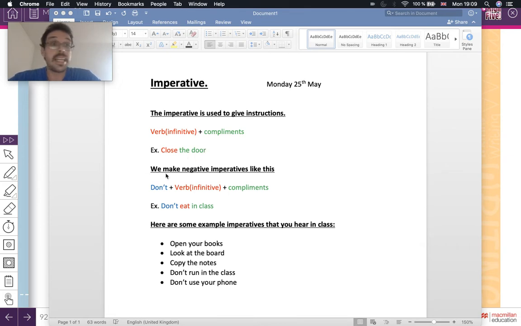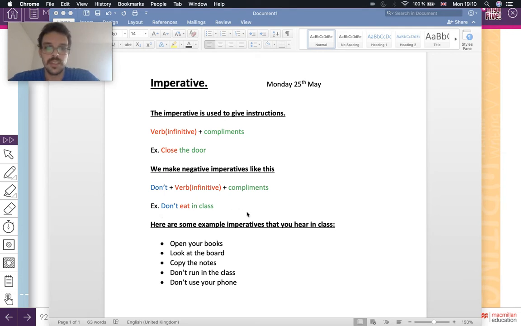We can also make negative imperatives. It's very, very easy. We use the word don't, and then the verb, and then the complements. Super easy. For example, don't eat in class.